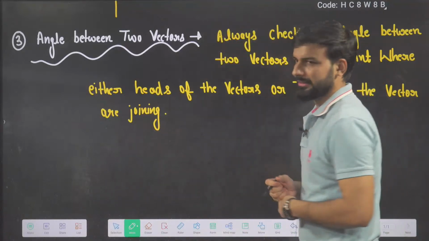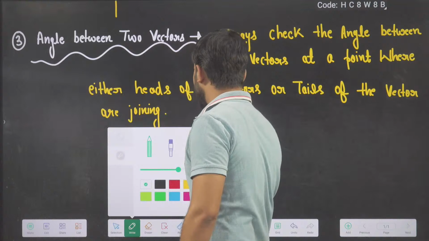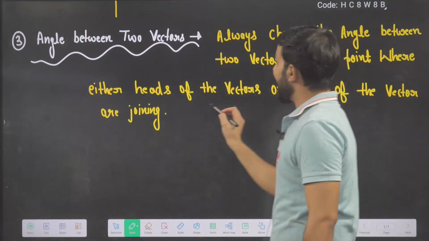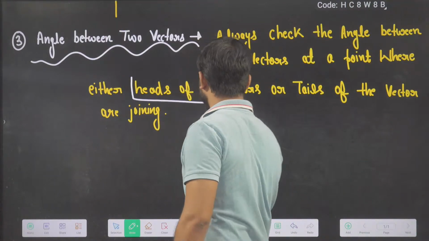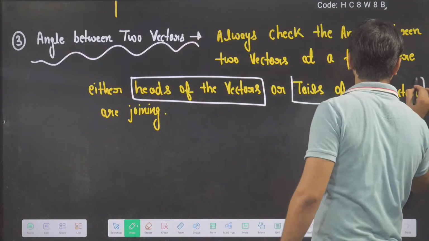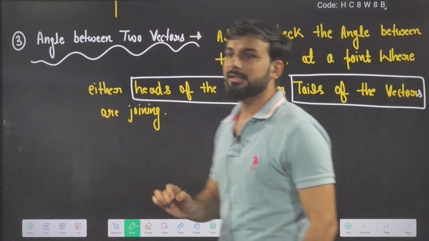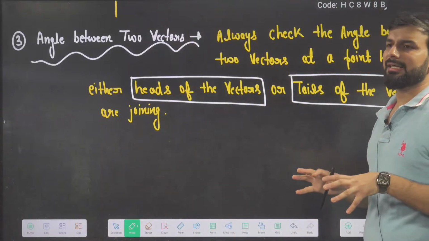Okay, see here. What is the important thing I have mentioned here, beta? Either heads of the vectors or tails of the vectors. These two points are very, very important: the heads or the tails of the vectors are matching or joining at a point. Only there is the angle measured. Now what does it mean?